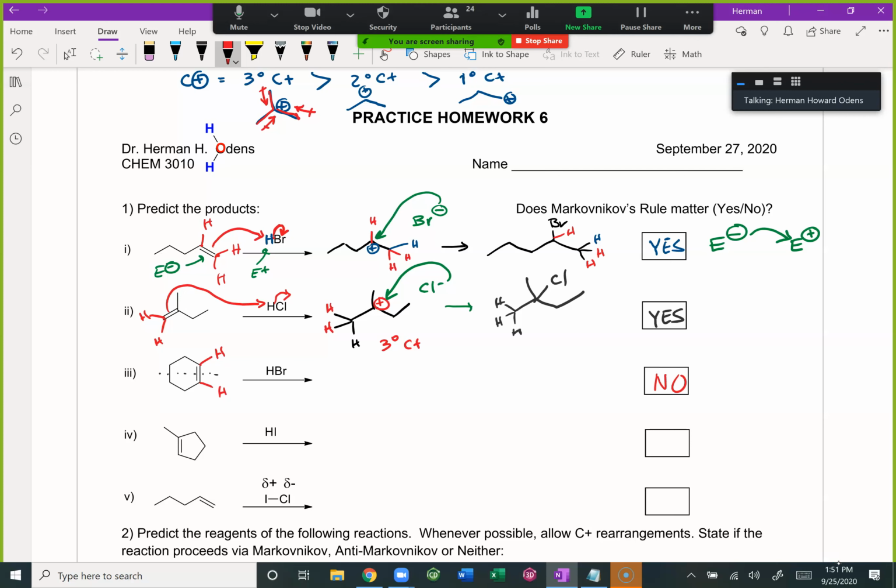Excellent, Paige. So what you end up with is, let's say I chose this one. I put the H there, and then the plus is going to go here. This is going to be a secondary carbocation. This one was a secondary carbocation also.